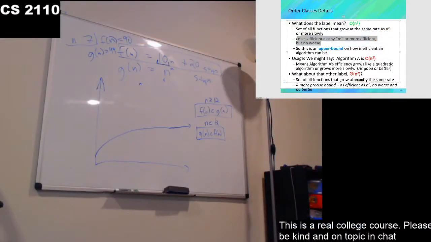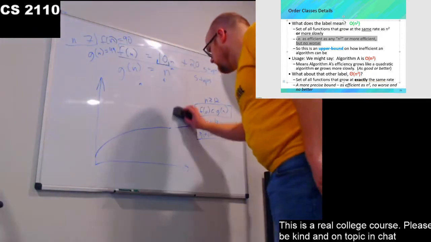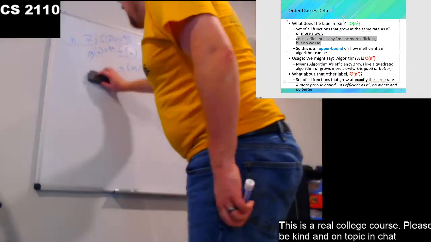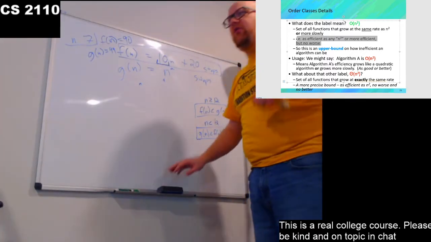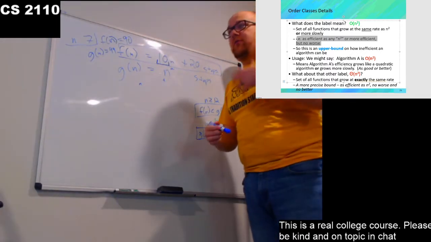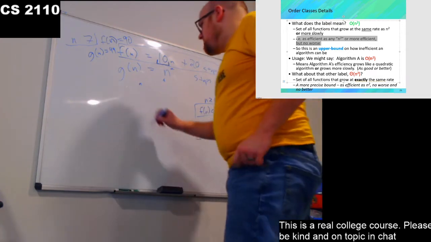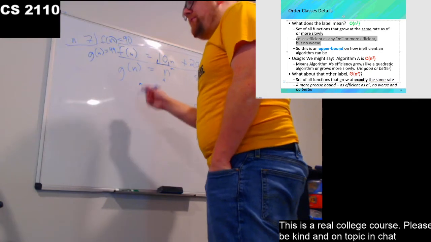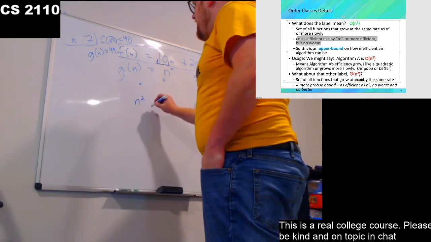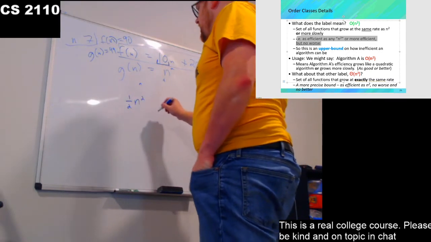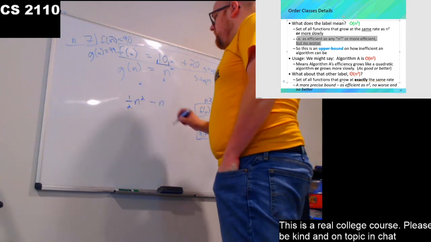if I had some function where I said that the rate of growth, the number of steps you need, which, by the way, is actually true for a selection sort, is defined as roughly 1/2 of n squared minus n.